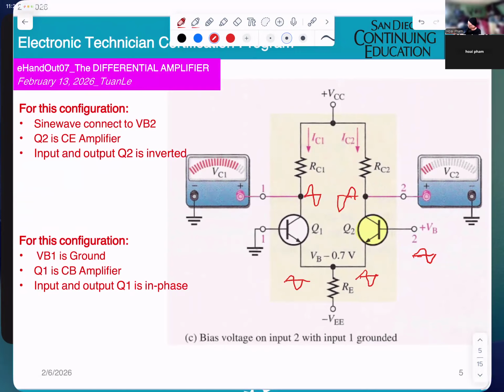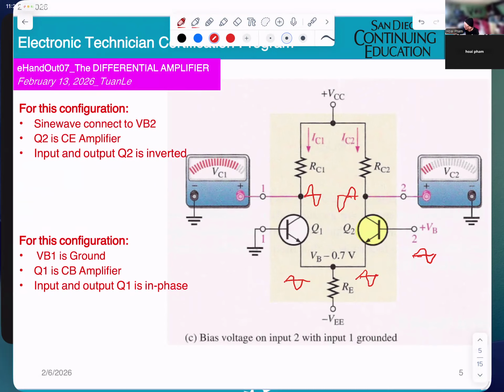Okay, they just try to do it differently from the first one. Apply input to Q2, and input of Q1 will be grounded. And Q2 now will be common emitter. Output and input will be 180 degrees out of phase.